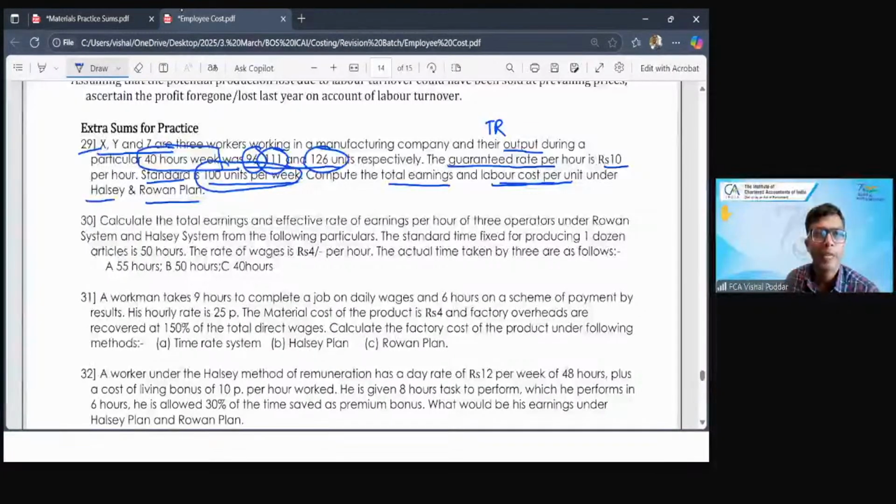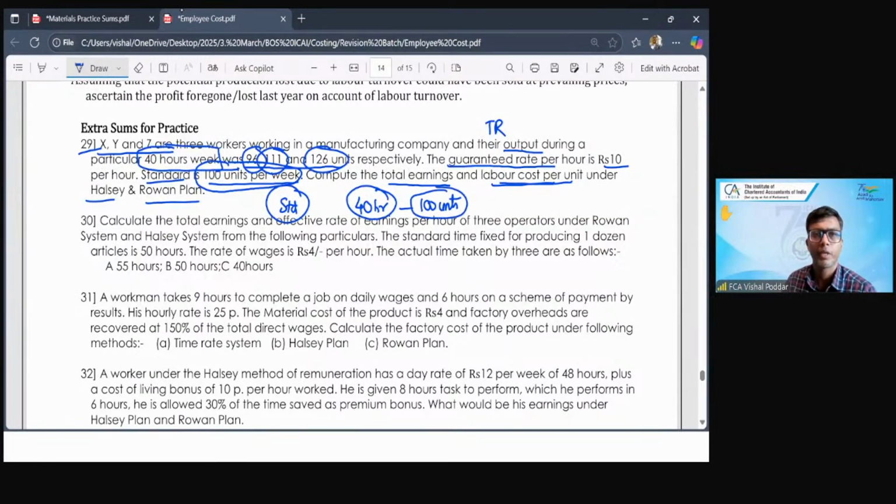Because I will need time saved. How can I find out standard time? Understand this. For a 40-hour week, the employer has given you 100 units as your target. So this is the standard already given by the employer, that in a 40-hour week, you should produce 100 units.